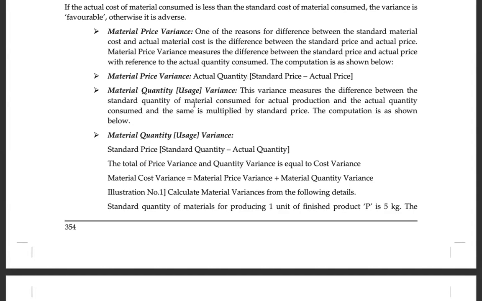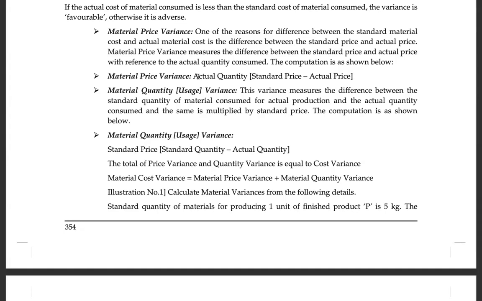When you look at the usage variance or quantity variance, the variance is in quantity. So therefore, standard quantity minus actual quantity gives you the difference of variance. So the variance in standard quantity and actual quantity is multiplied with the standard price.